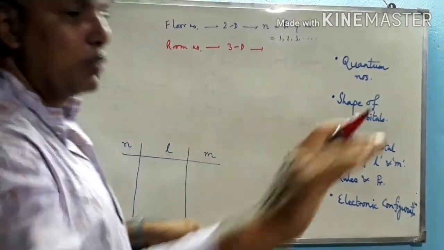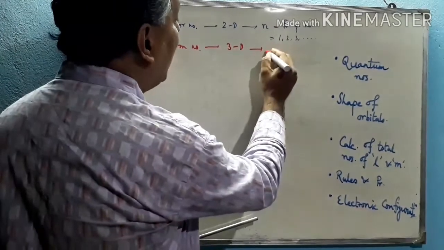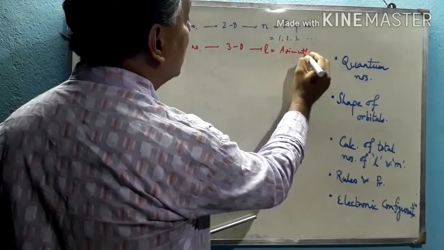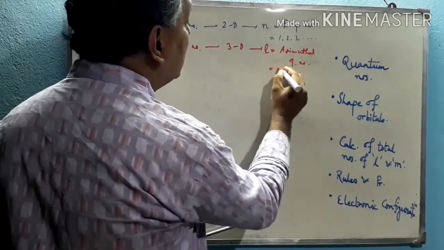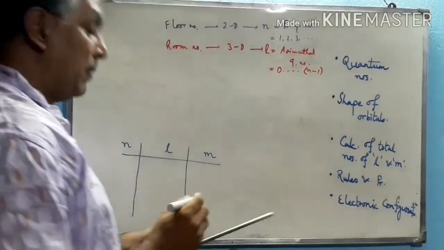Floor is a two-dimensional concept, but room is a 3D concept, and it is denoted by l, which is known as the azimuthal quantum number, and its values are 0 to n-1 for a particular value of n.